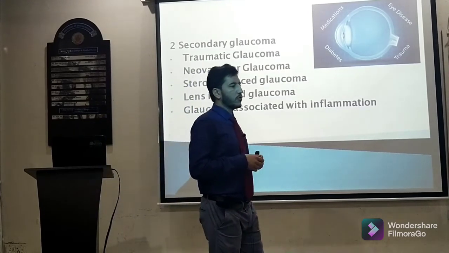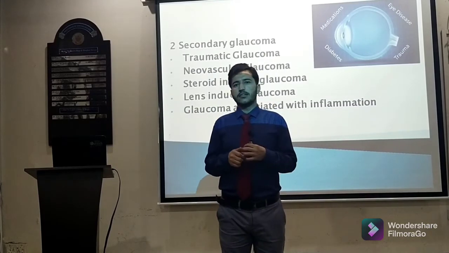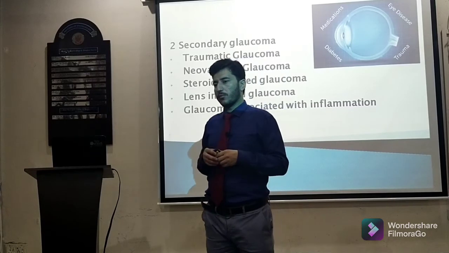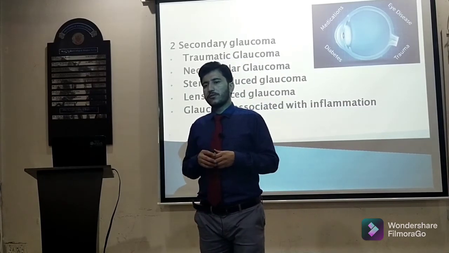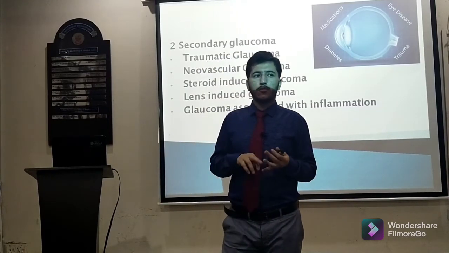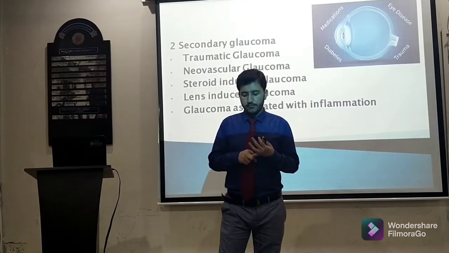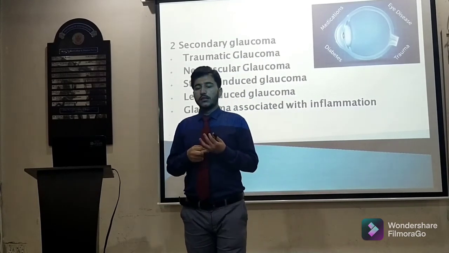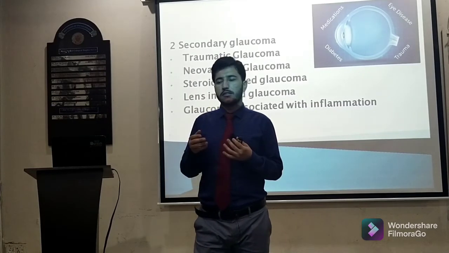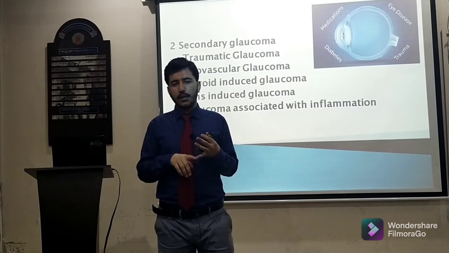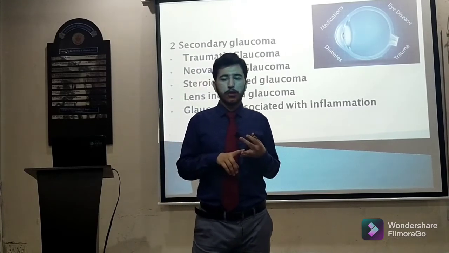In lens-induced glaucoma, sometimes the lens that we have in our eye causes glaucoma. There are two types: one is phacomorphic, another is phacolytic. In phacomorphic glaucoma, as we know from the name, phaco means lens, morphic means shape.